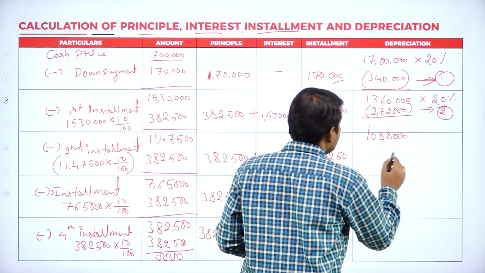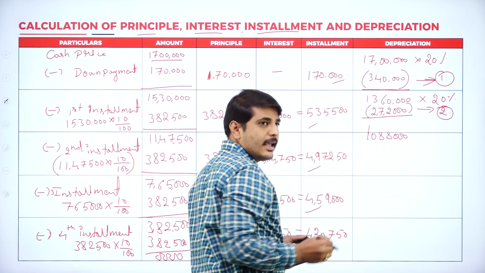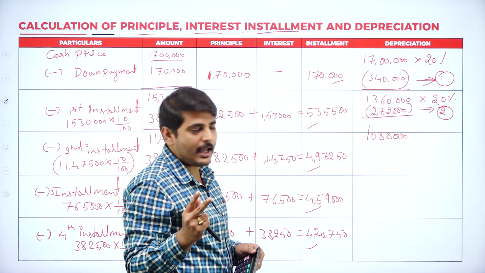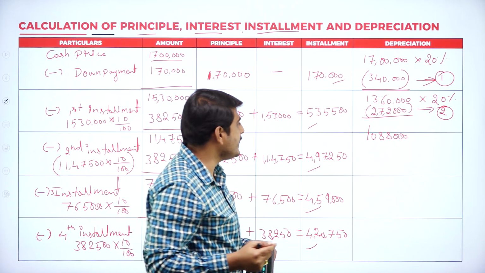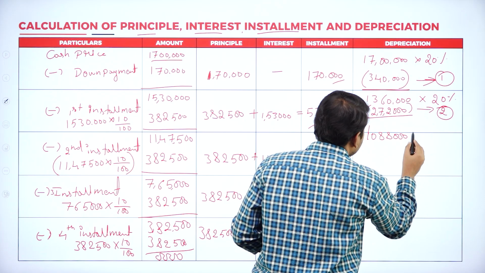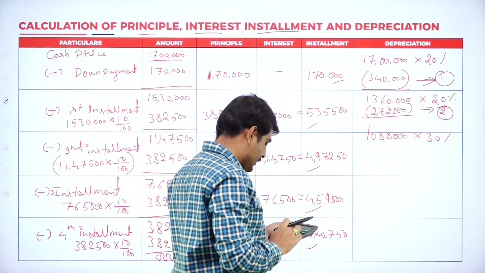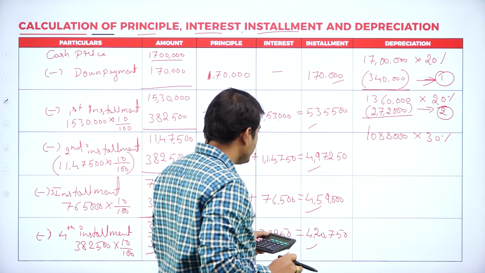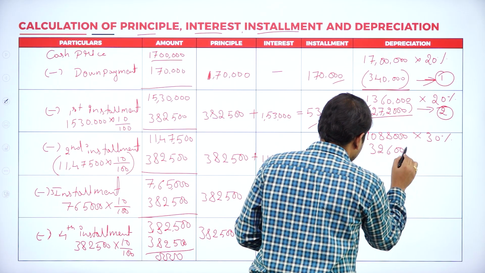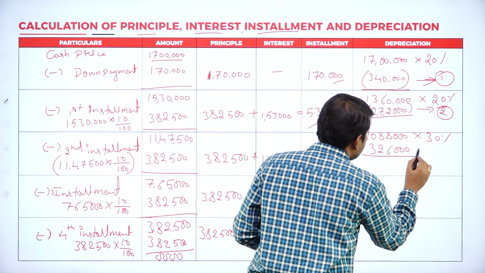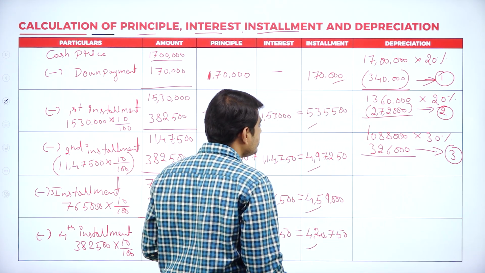10,88,000. Now for third year, the problem says for first 2 years, we have to calculate 20% depreciation, and the next 2 years we have to calculate 30% depreciation. So let's calculate at 30% depreciation. So it is 3,26,000. This is the third year depreciation.